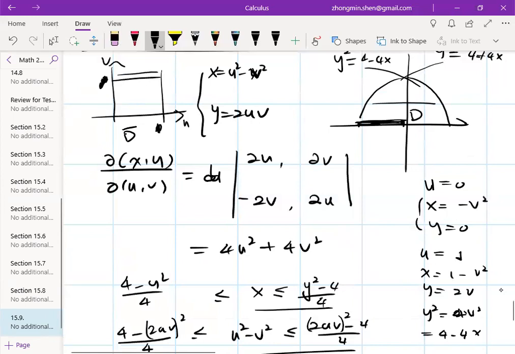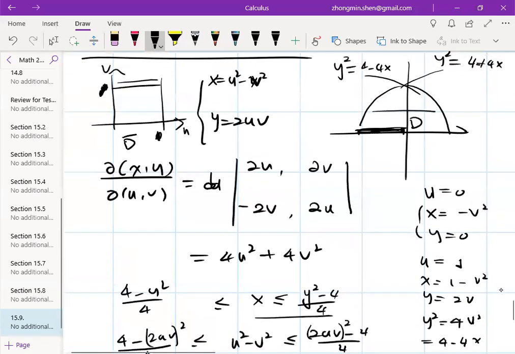And this is going to be 4 minus 4x, because y is 2v, so y squared is 4v squared, and x is 1 minus v squared. So when u equals 1, this piece is going to be that piece.